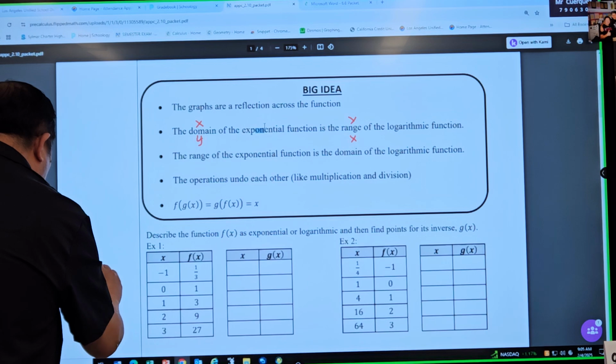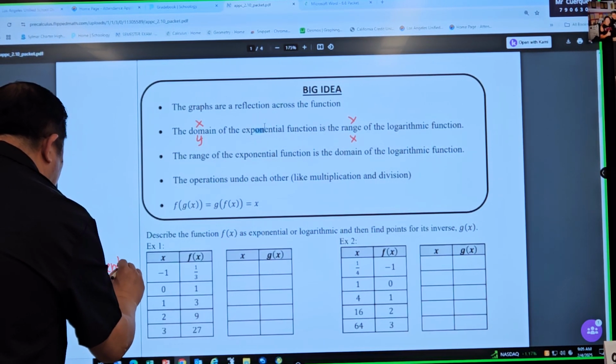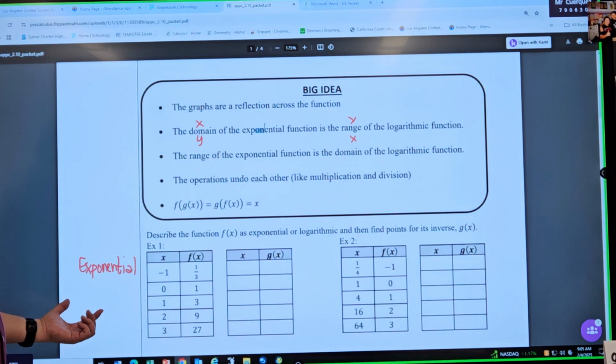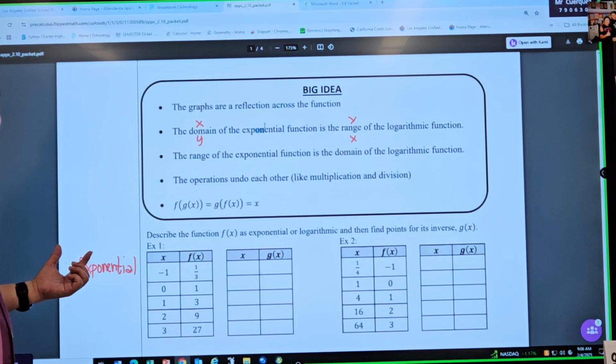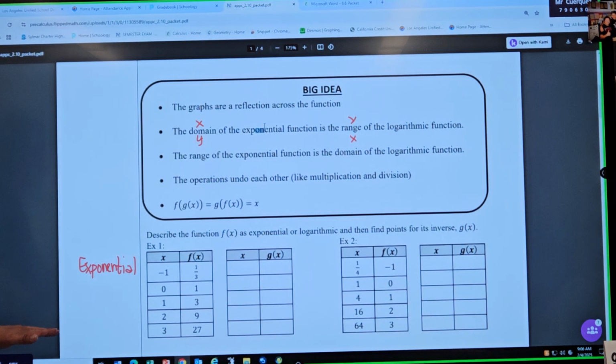So can you write down that this is exponential function? Exponential. And what's the reason why this is exponential? Can you write down the reason? Because what? Is it the x or the y? The y is being multiplied. Okay? Can you write down the reason by yourself?